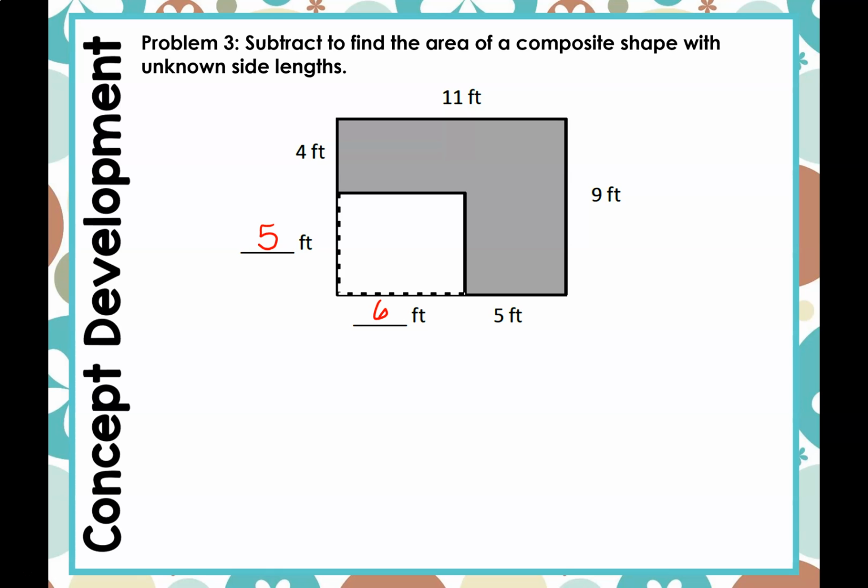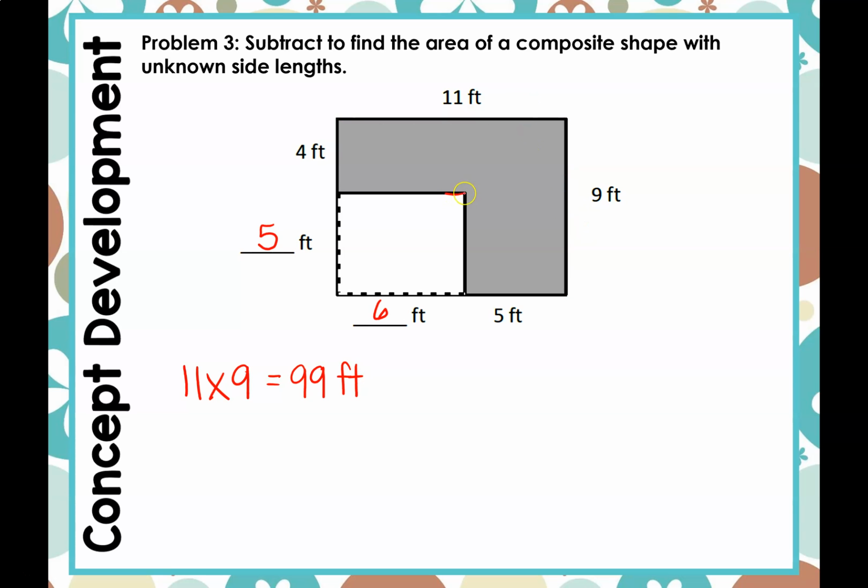So let's first find the area of the whole rectangle. For that, we would take the side lengths 11 and 9. Ooh, that's a hard one. 11 times 9. That would equal 99 feet.